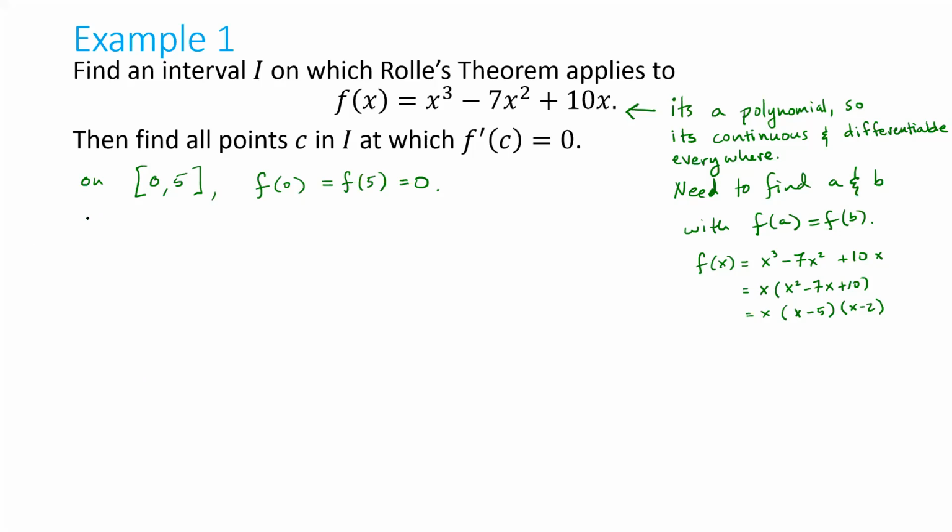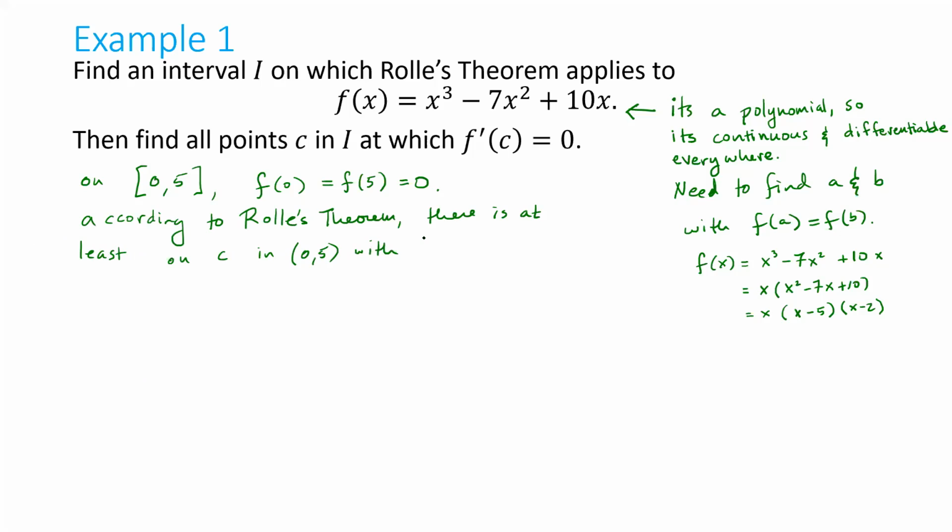So we know, according to Rolle's theorem, there is at least one c in the open interval 0 to 5 with f prime of c equal to 0. In other words, there has to be a point somewhere between 0 and 5 where the derivative at that point is equal to 0.